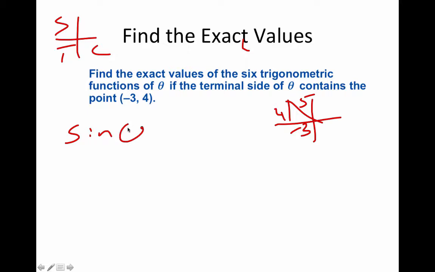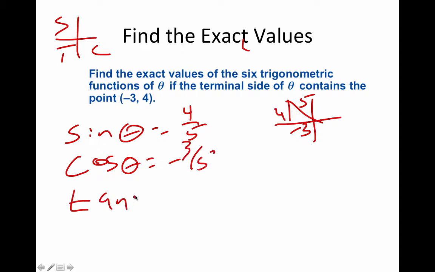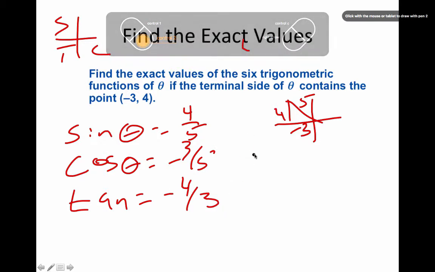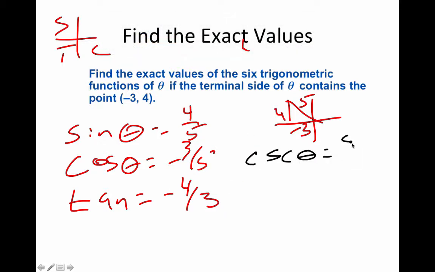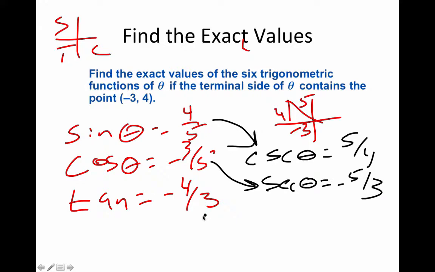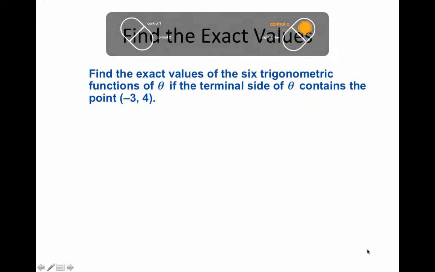So you can tell right away, sine is 4/5, cosine is -3/5, tangent is -4/3. Flip them: cosecant is 5/4, secant is -5/3, flip it, cotangent is -3/4. Now we're cooking with gas. Good stuff.